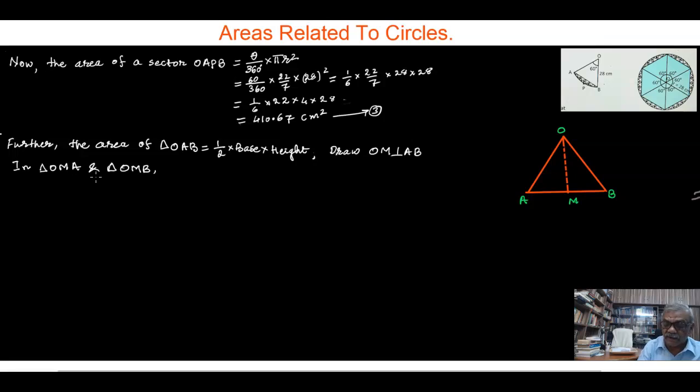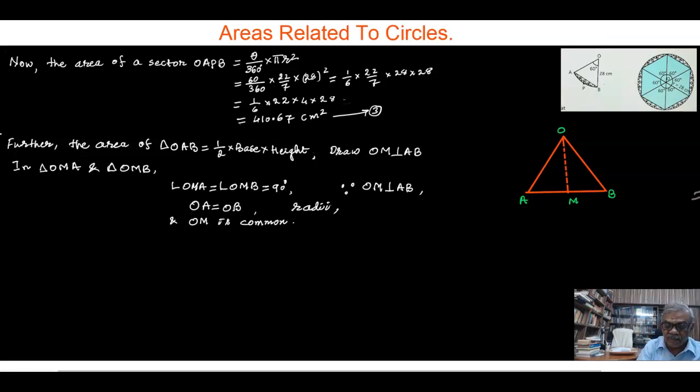In triangles OMA and OMB, angle OMA equals angle OMB equals 90 degree because OM is perpendicular to AB, and OA equals OB, that is 28 centimeters, and OM is common to both triangles.